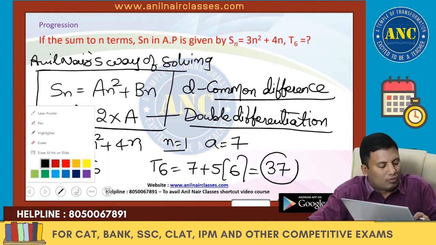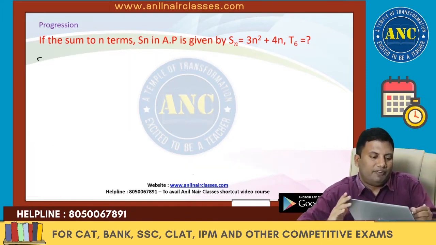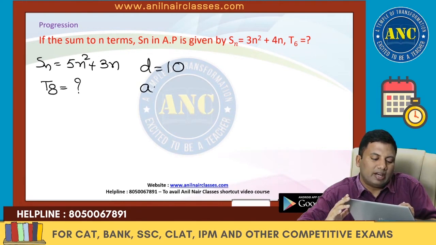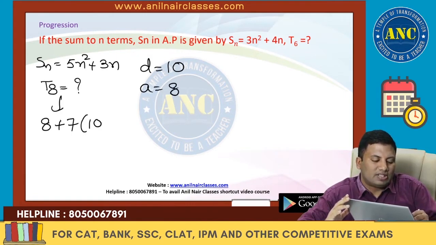Please write down one more question. If Sn is 5n square plus 3n, what is T8 value? Directly you will get D is nothing but 10, A is nothing but 8. T8 is nothing but lowest value plus 7 gaps.